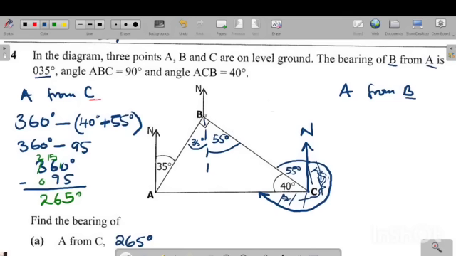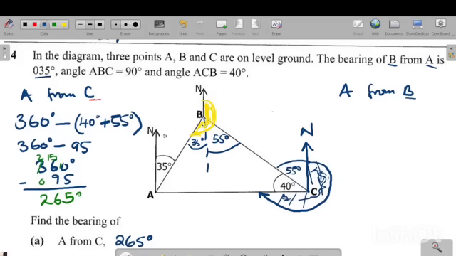So we're also going to move clockwise from the north until we meet the line that connects A and B. So clockwise like this until we meet the line that connects A and B. So the bearing they want you to find is this one here. Okay, so that's a bearing.